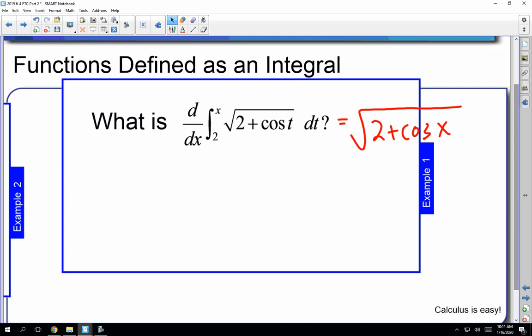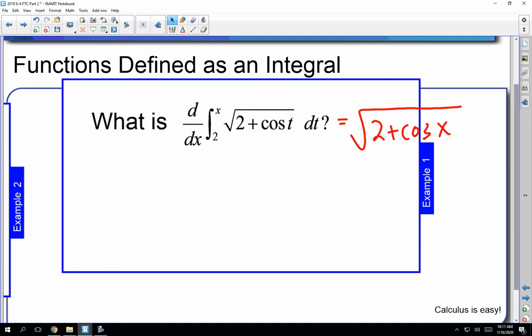That's it. This is the derivative of the integral of this function, because the derivative and the integral cancel each other. Evaluated at the upper limit. And we have to add that evaluated at the upper limit, because if the upper limit is not just x, we've got to apply the chain rule.